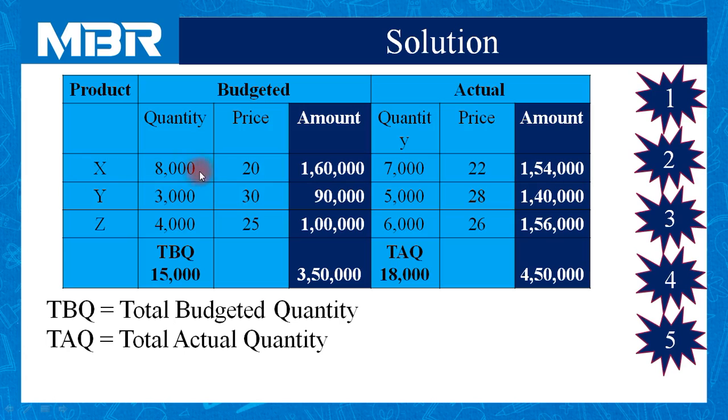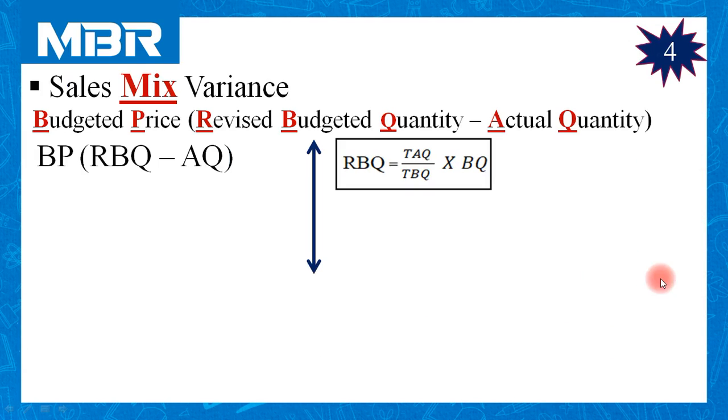And budgeted quantity for X, 8,000 units, for Y, 3,000 units, and for Z, 4,000 units. Using information of TAQ, TBQ, and budgeted quantity of concerned product X, Y, and Z, we need to calculate revised budgeted quantity using the formula given on your screen.